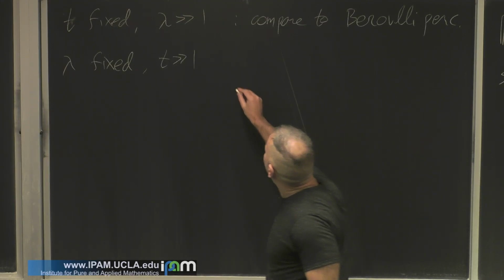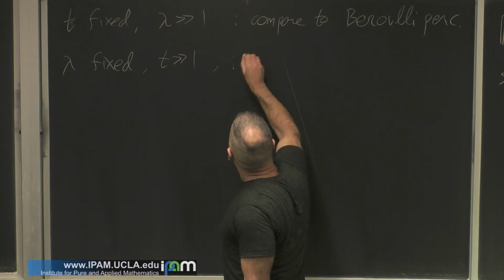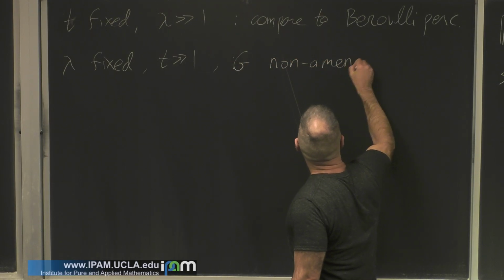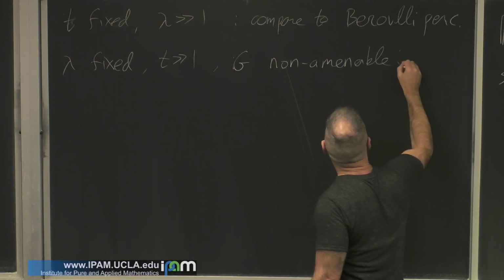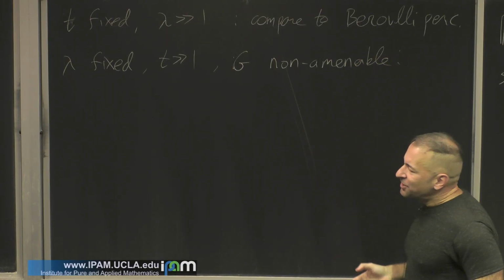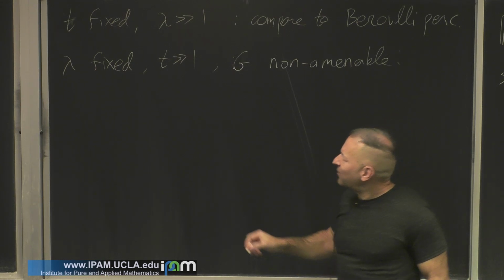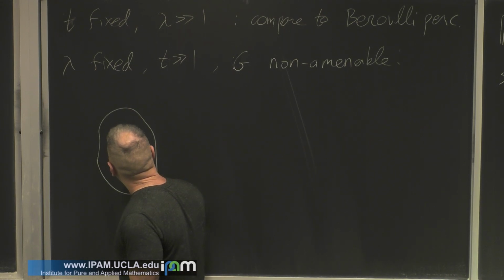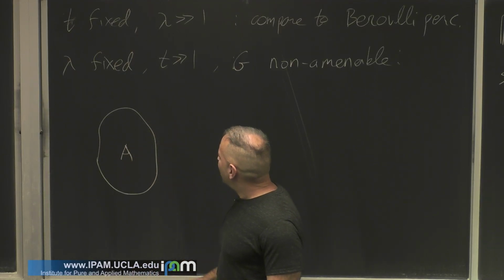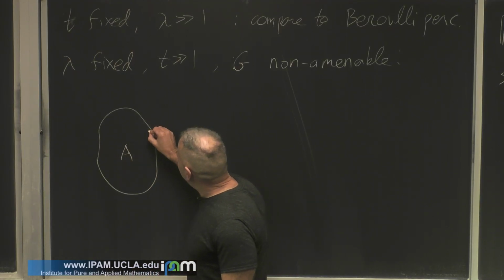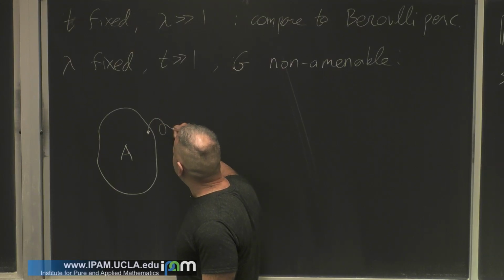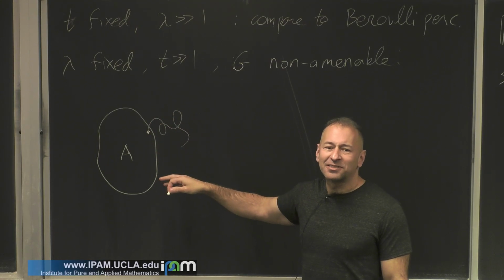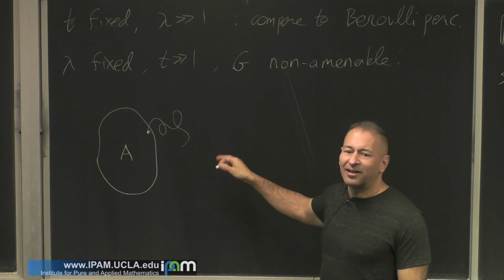So let's consider first the case when G is non-amenable. Well, if G is non-amenable, and you have some finite set, let's call it A, for every vertex in A you can ask what is the escape probability, the probability that the random walk from X exits the set and never returns.